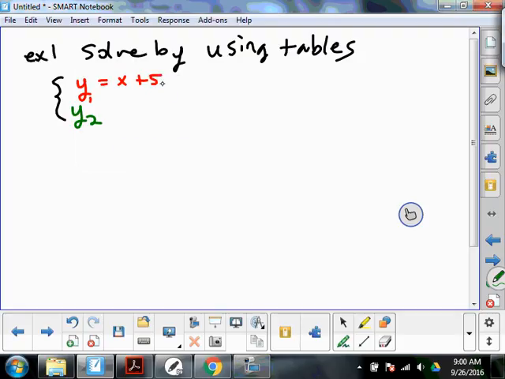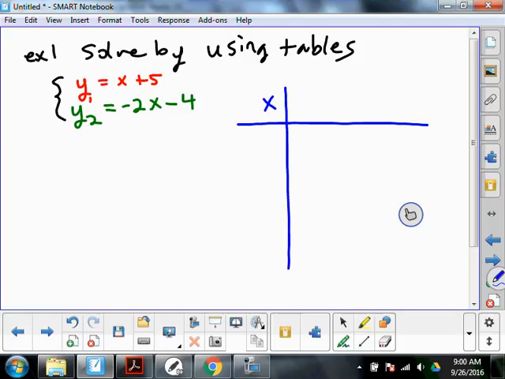So our second equation here, y sub 2, is going to be given by negative 2x minus 4. Okay. So I'm going to make a table a little bit different than you're used to seeing. Most of you have seen tables with 2 columns, x and y. I'm going to put 3 columns on my table.